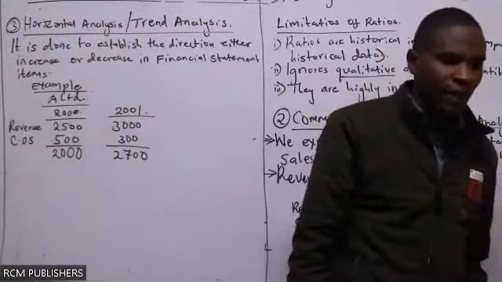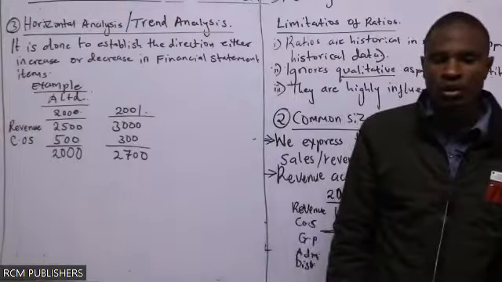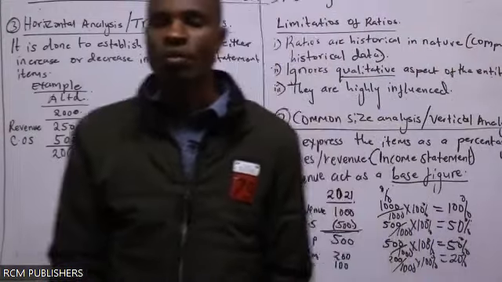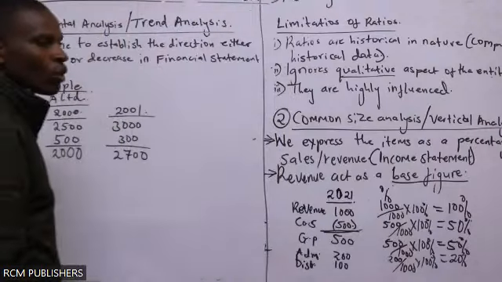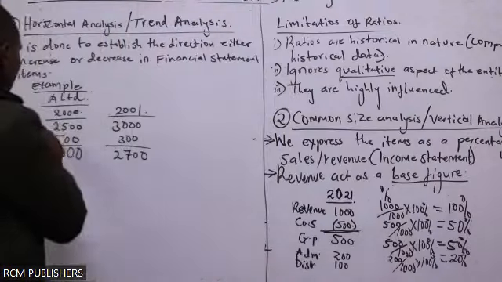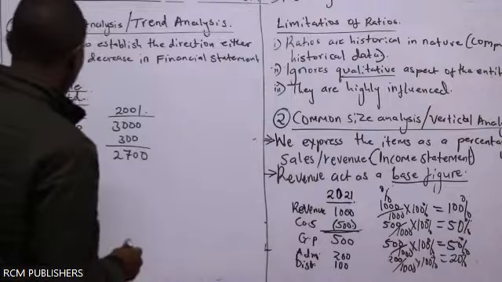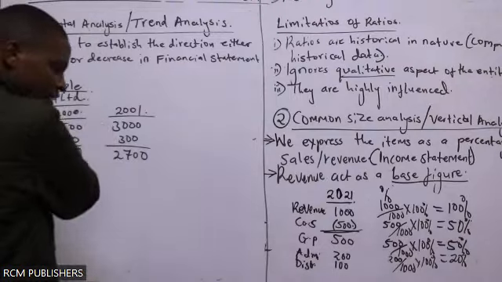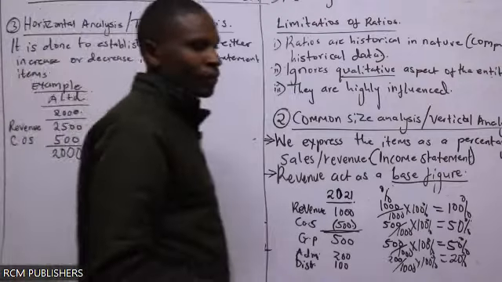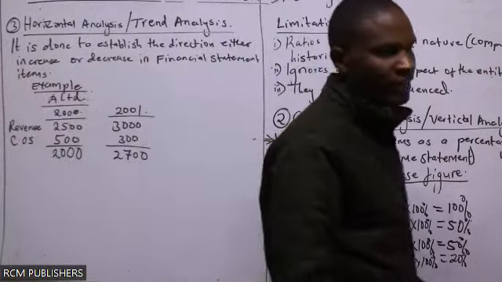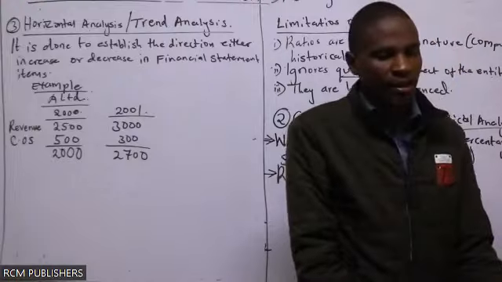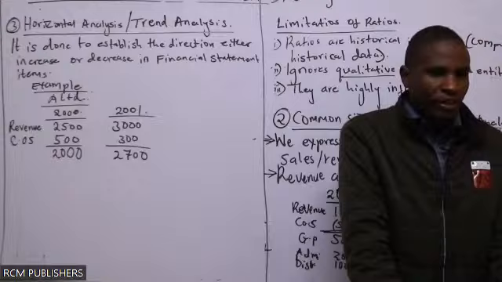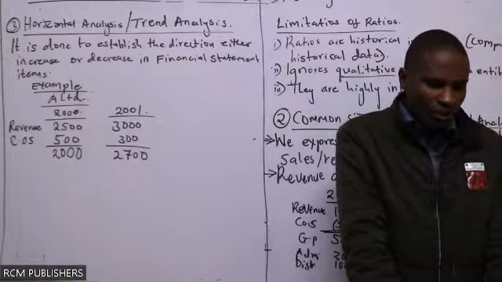So the first thing that you need to look at here is what is the increase or what is the decrease. Was there an increase or a decrease in the first item?